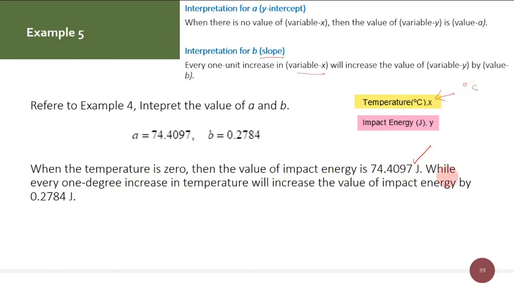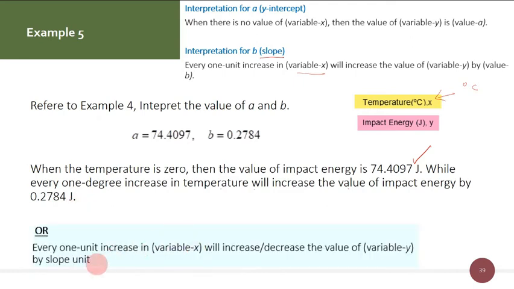So every 1 degree increase in temperature will increase the variable Y, which is the value of impact energy, by 0.2784 joule. The same thing with this.